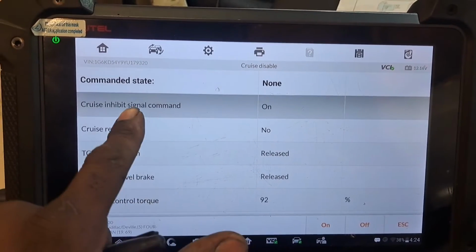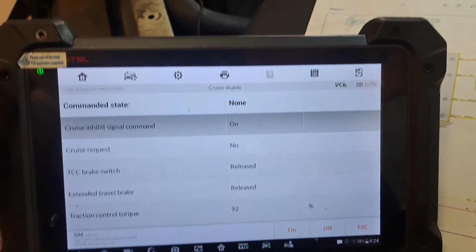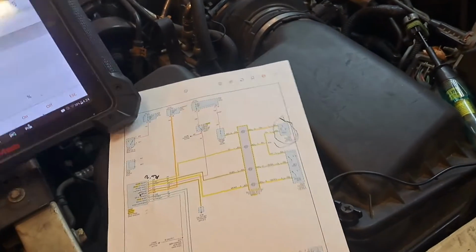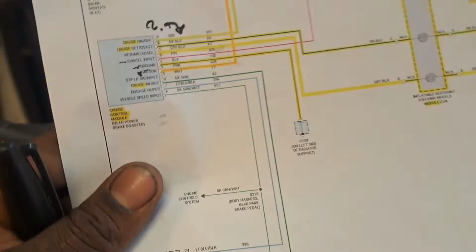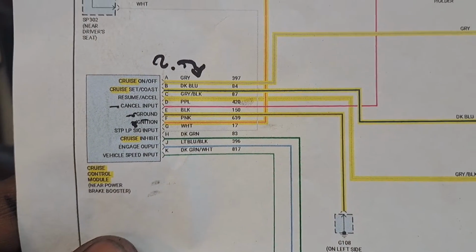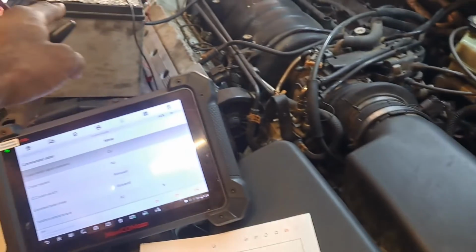Now the inhibiting state is on. If I turn it off, all I have to do is take my voltmeter, go into that green terminal, that pin where the green wire is, which is pin H, and put my lead on either a power or a ground source and see what happens.